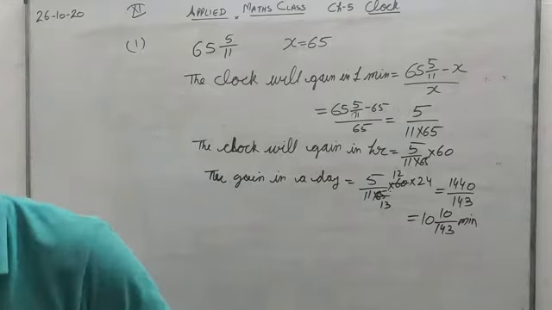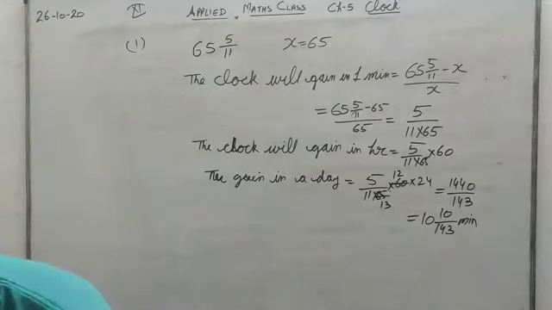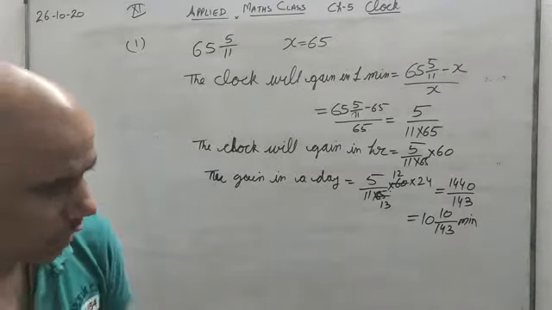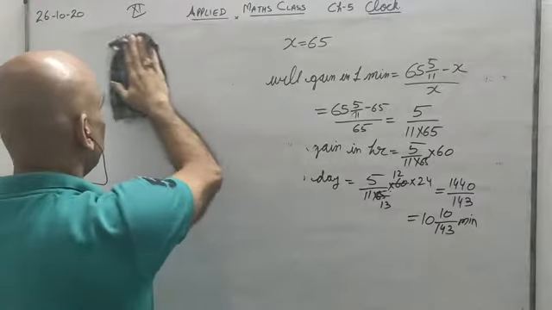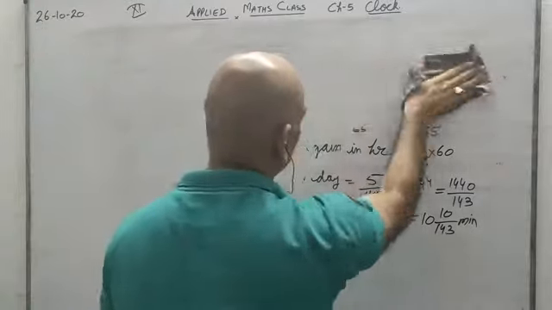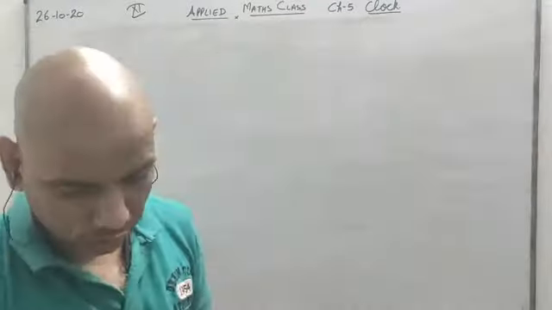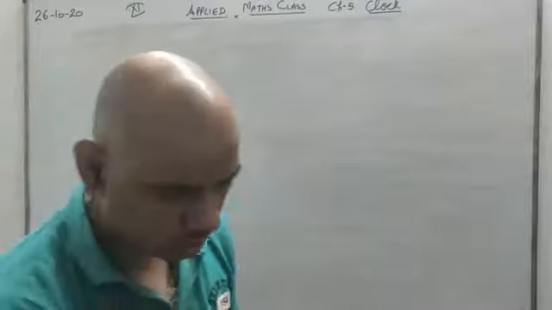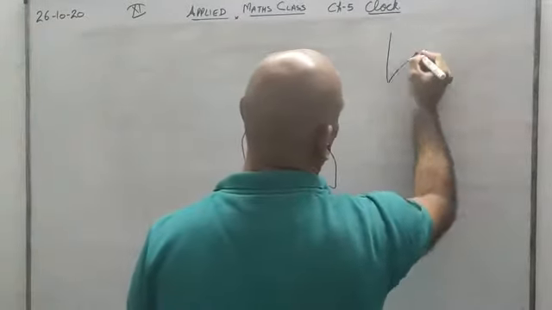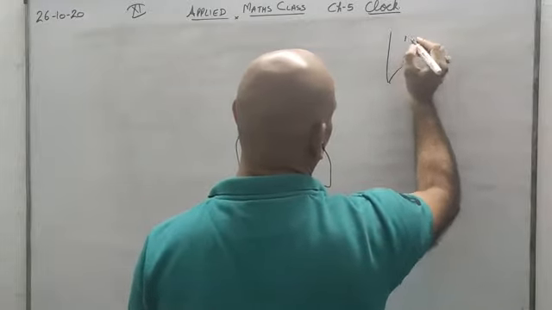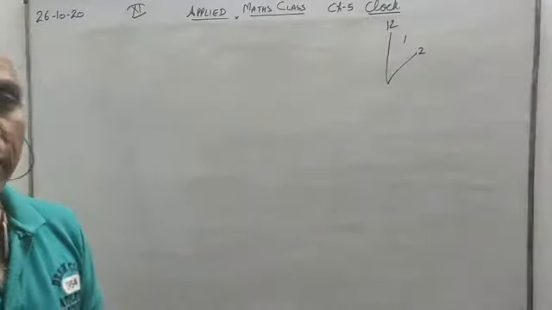At what time between 2 o'clock and 3 o'clock will the hands of a clock coincide? Now to coincide between 2 o'clock and 3 o'clock, look, at 2 o'clock the position of the clock is like this, 1 is in between, this is 2, this is 12, so it will have to cover a distance of 10 minutes.